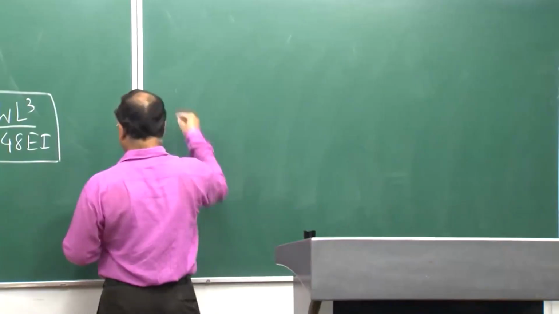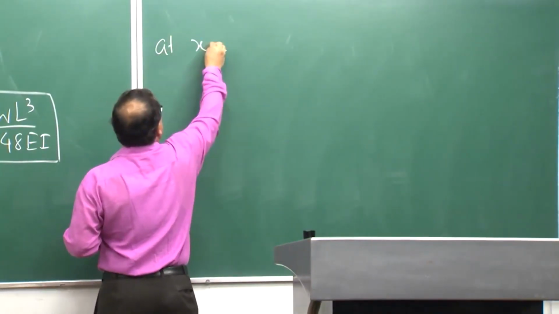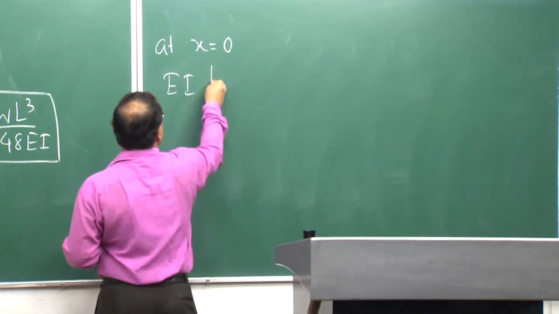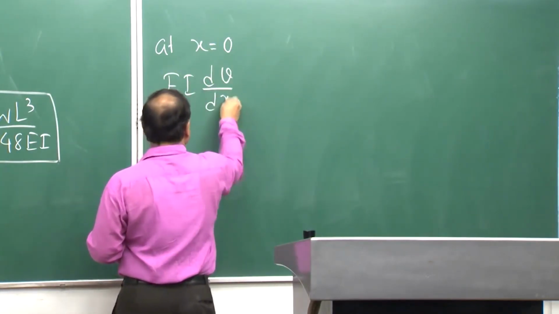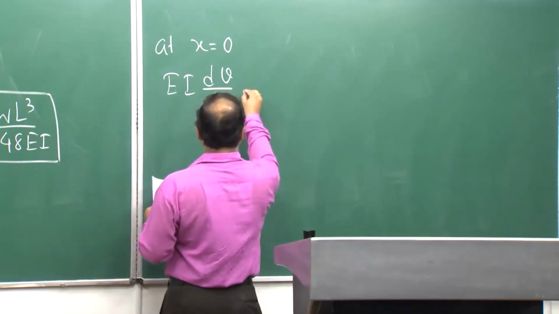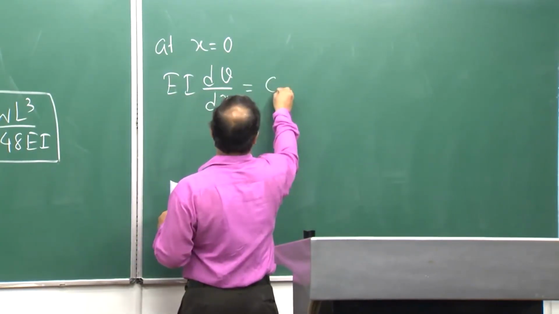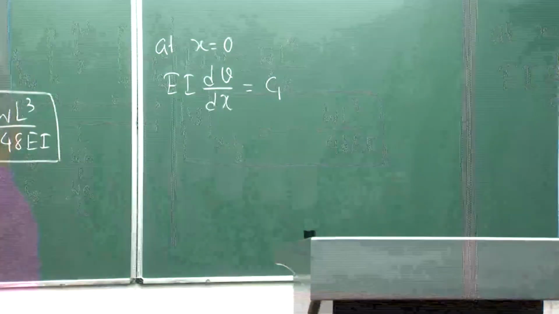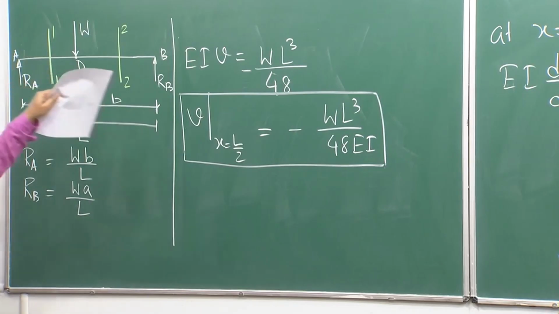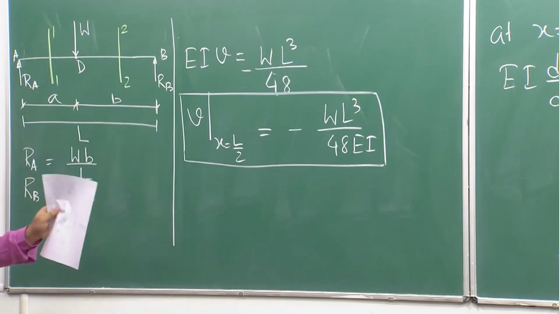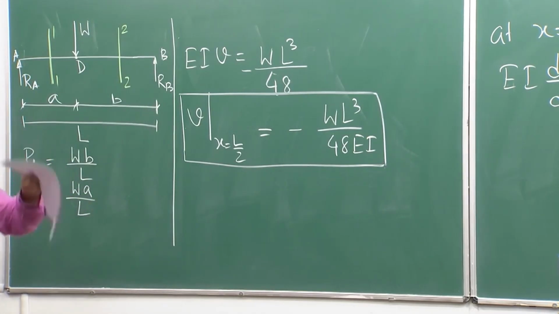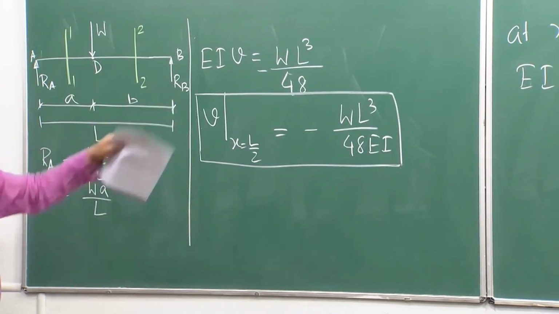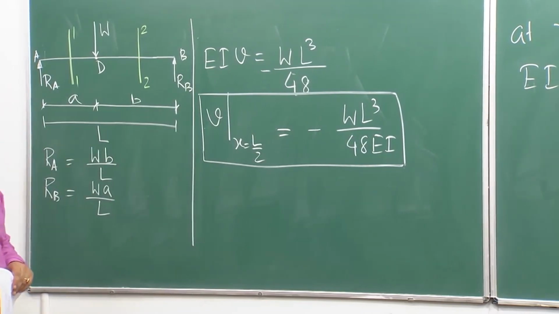We can find out the slope at x equal to 0, where EI dV by dx equal to C1. At x equal to 0, that means at point A, you want to find the slope. Slope is nothing but dV by dx, and if you recall the equation valid for section 1, from there I can simply get EI dV by dx equal to C1.